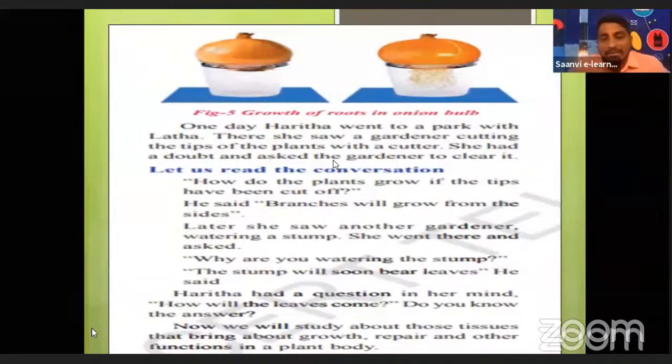Now we will study those tissues that bring about growth, repair, and other functions in a plant. By knowing which tissue is responsible for growth, which for repair, which for packing, which for storage of food, and which for transportation of water, minerals, salts, and food materials, it is easy to answer this question.